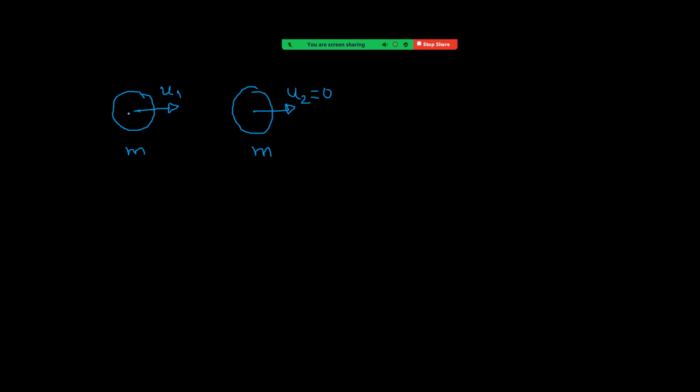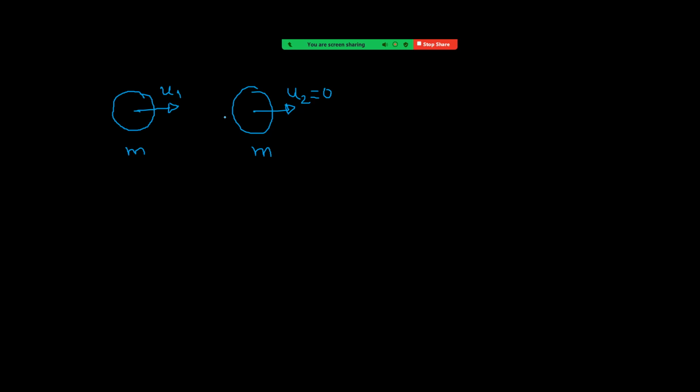Now, if you observe carefully, since the collision is elastic, just before collision and just after collision, kinetic energy is the same. But during the collision, the shapes of the bodies will change.